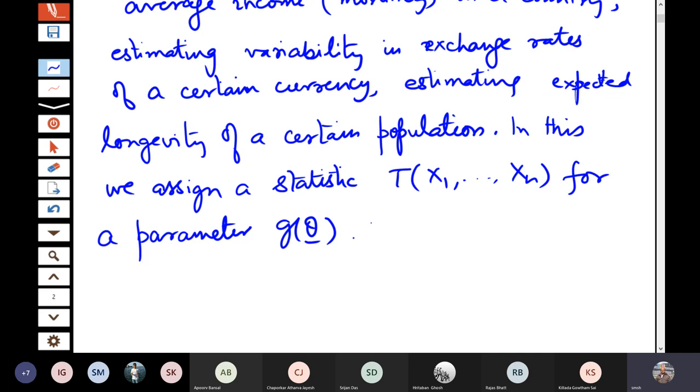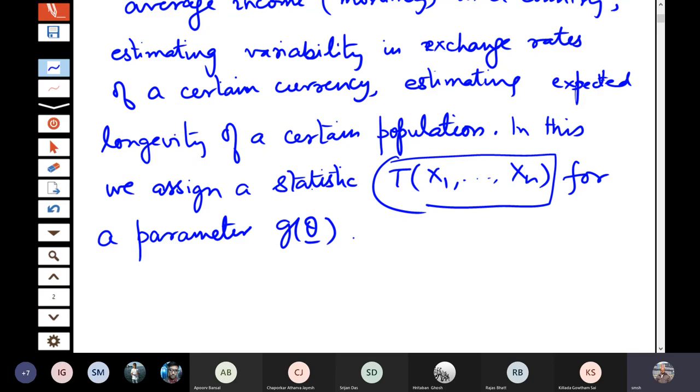If I am considering the say variability, then I may like to consider the standard deviation taken from the sample. So in general, we are assigning a statistic T of x1, x2, xn for a parameter g theta. Okay. So now, how do we do that thing?